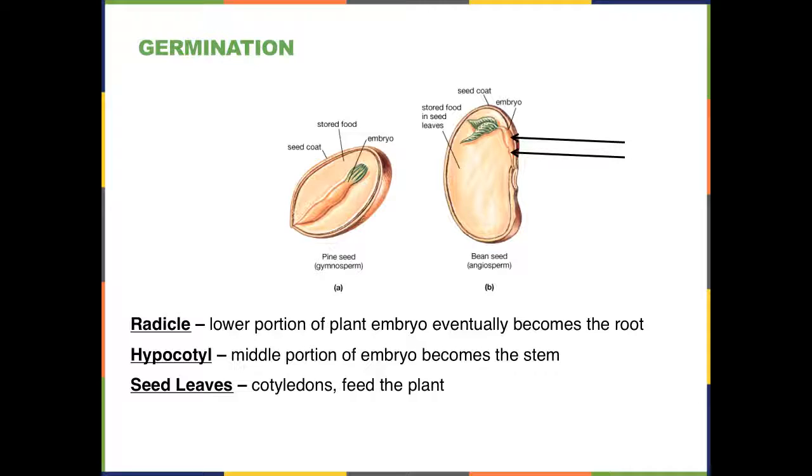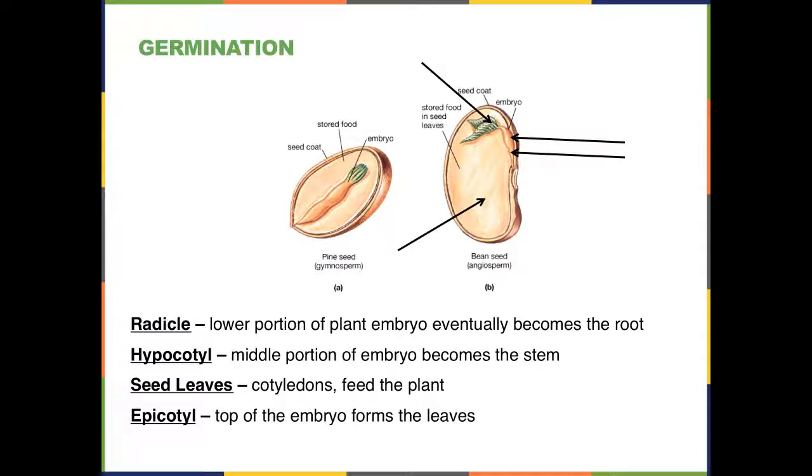The seed leaves are shown here, and they're large and they store food for the plant. And then the epicotyl is the top part of the embryo that forms the leaves, and it's that whole part there. Now each of those little leaf-like structures is called a plumule. And those are the things that form the true leaves in the embryo.